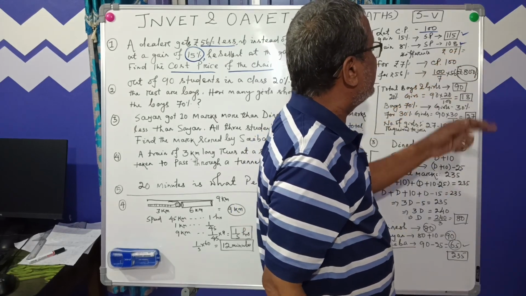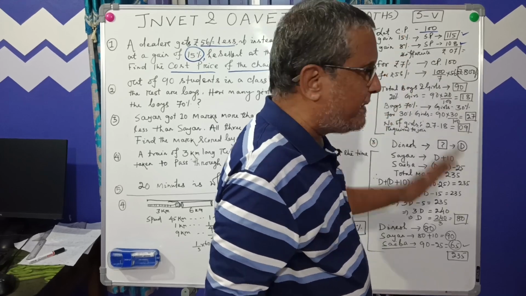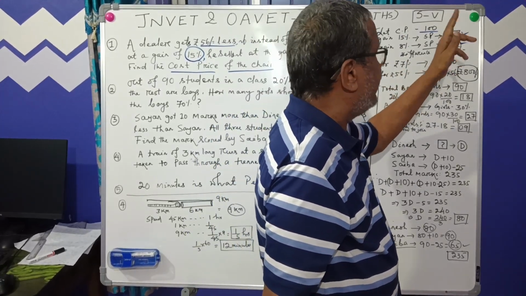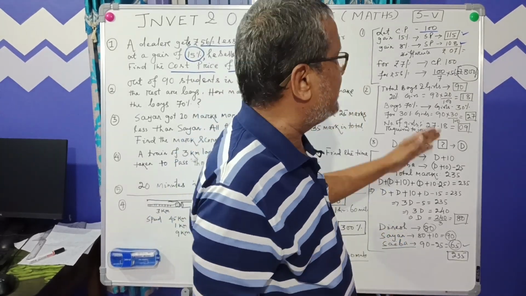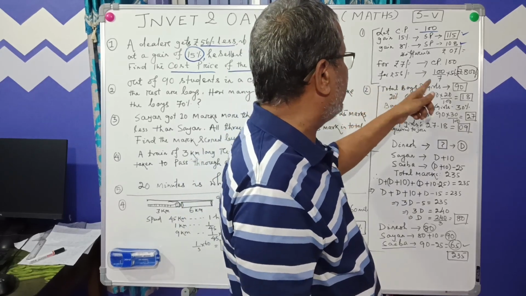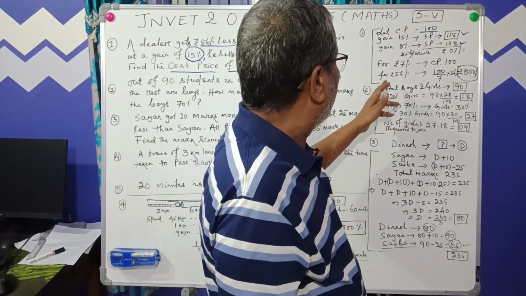So the difference between 115 rupees and 108 rupees is rupees 7. So when the difference is 7, the cost price is 100. For 1 rupee difference, the cost price is 100 by 7. That is called the unitary method.